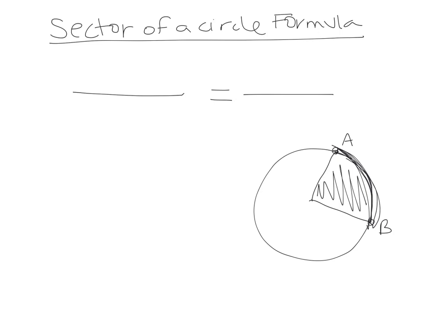So on the right-hand side proportion, we're going to put the measure of arc AB divided by 360. But now on the left, instead of talking about arc length and circumference, we're going to talk about sector and area.